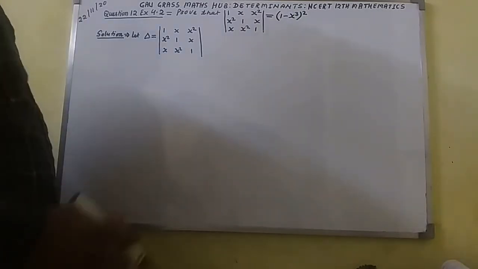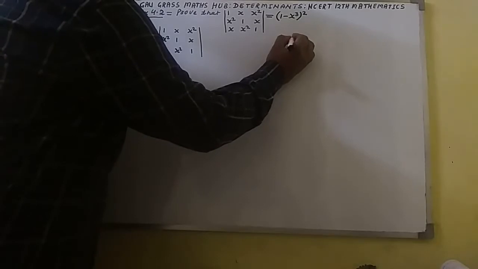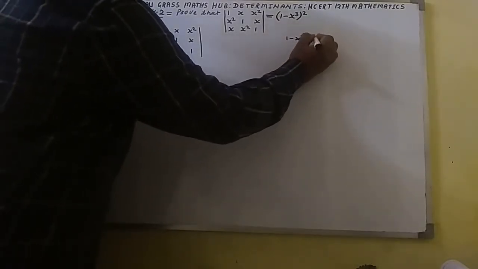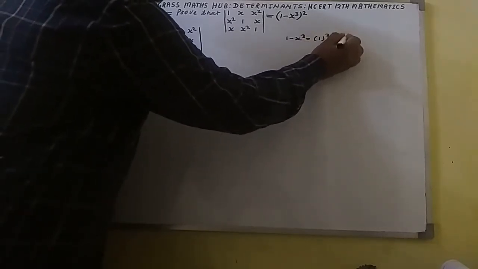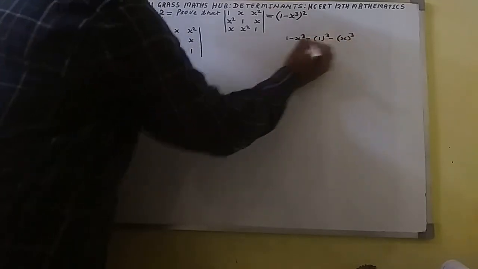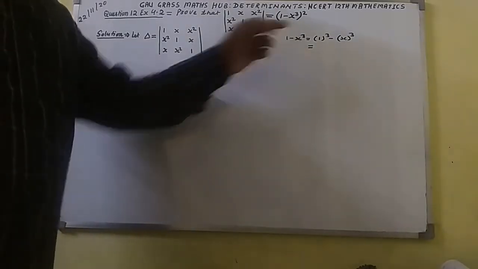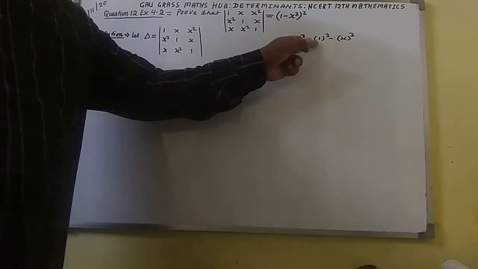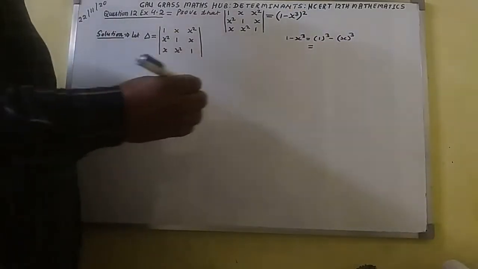So here I shall factorize 1 minus x cube. You can write 1 cube minus x cube. This is the formula.